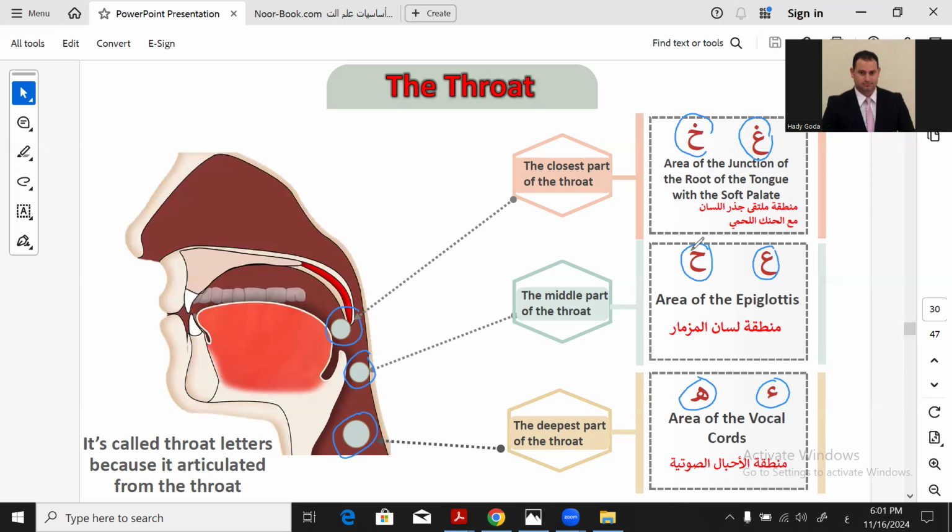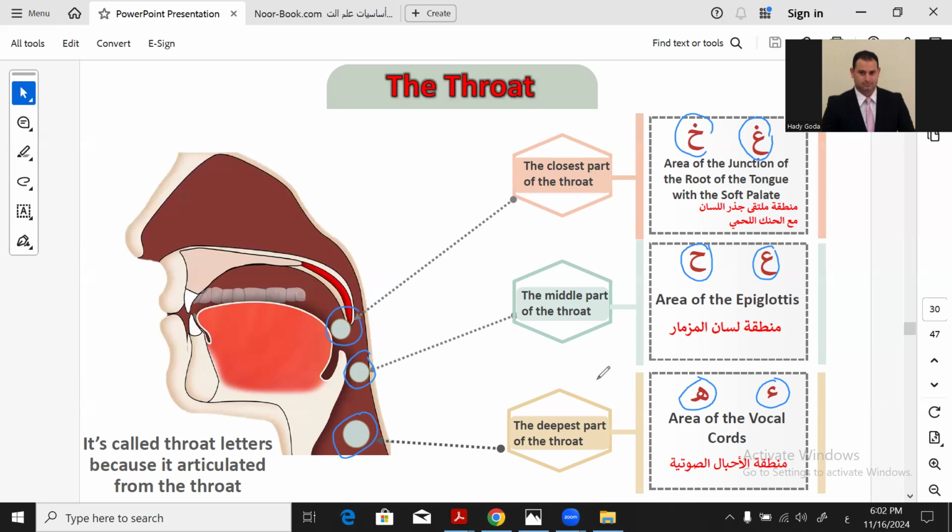Those six letters are called throat letters because they are articulated from the throat. Now let's start with the first part, the deepest part, or we can say the farthest part of the throat.